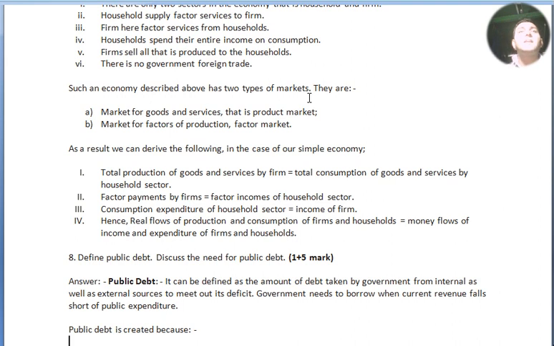Point number 3, consumption expenditure of the household sector equals income of firms. Point number 4, hence the real flow of production and consumption of firms and households equals the money flow of income and expenditure of firms and households.